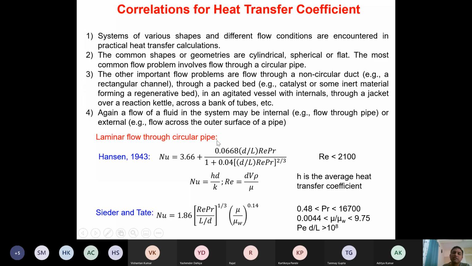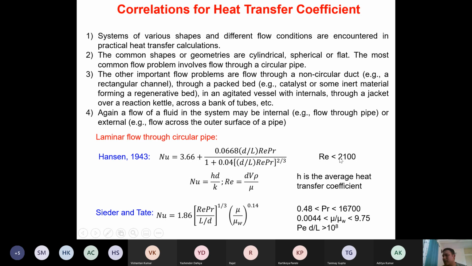For laminar flow through a circular pipe, the correlation given by Hansen in 1943 is: Nusselt number equals 3.66 plus 0.0668 times D by L times Reynolds number times Prandtl number, divided by 1 plus 0.04 times the bracket of D by L times Reynolds number times Prandtl number raised to the power 2 by 3.